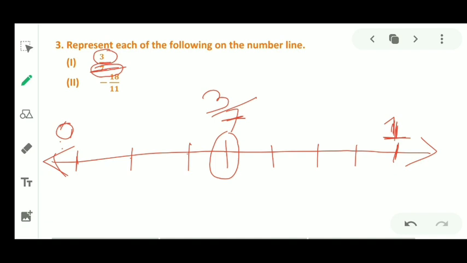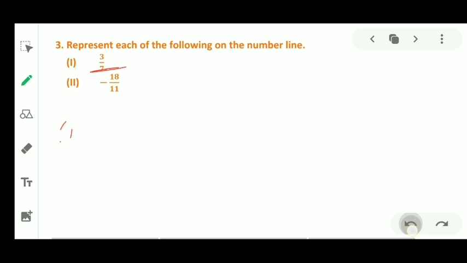Now minus 18 by 11. Now wait a minute. We have to represent minus 18 by 11 on the number line. As minus 18 by 11 is an improper fraction, you have to convert minus 18 by 11 into a mixed fraction, that is minus 1 7 by 11.